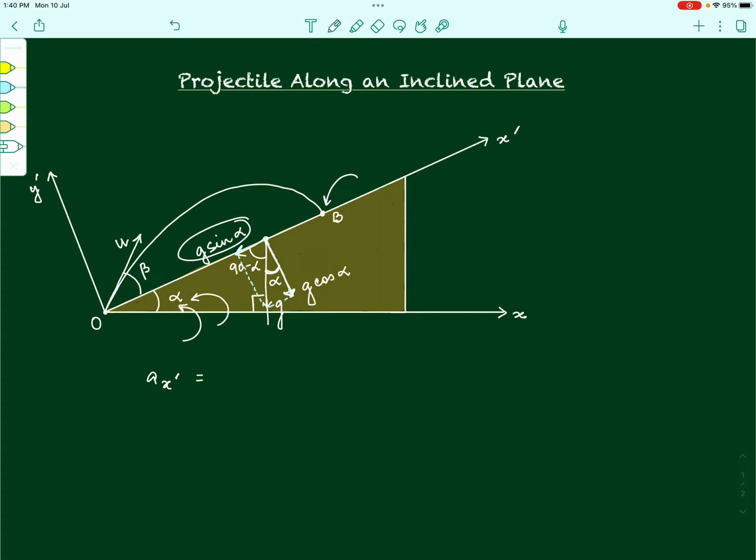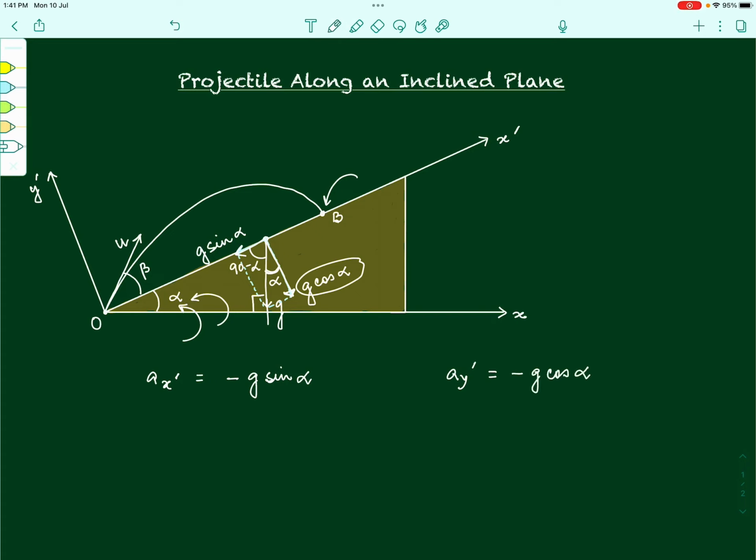So, here we say that a x dash is minus g sin alpha, whereas a y dash, the acceleration along the y dash axis, will be this value, and again it is pointing downward, whereas we have taken y dash along the positive, upward direction. So, can we say that this will also be minus g cos alpha?